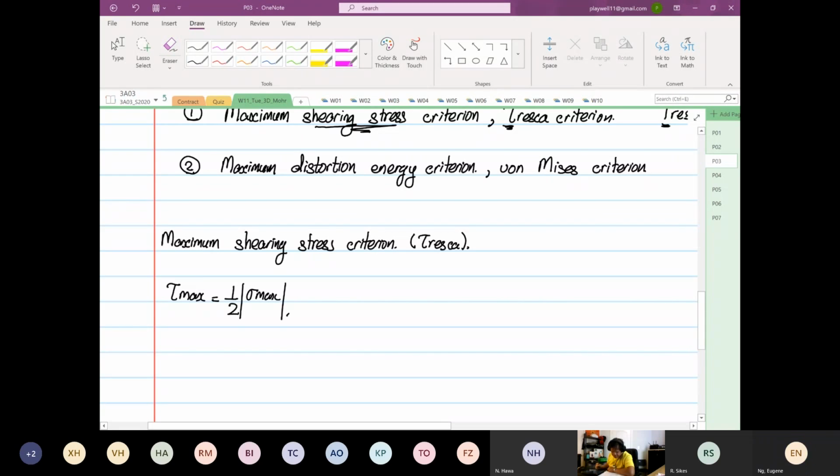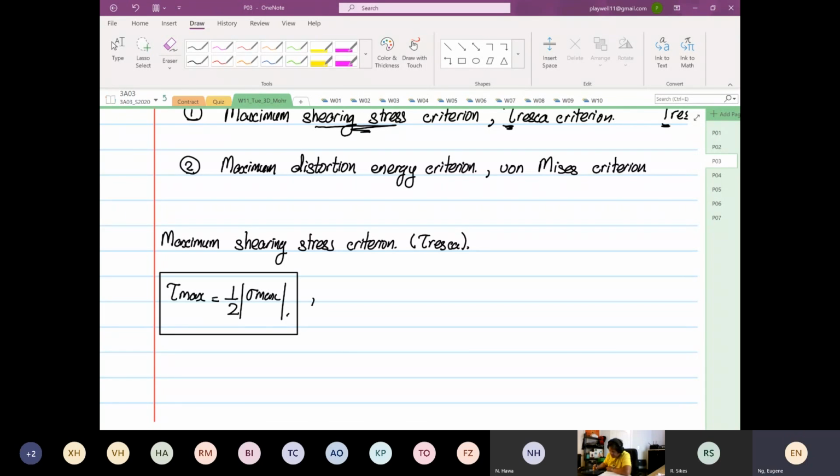Okay. So this is Tresca. So when this is the case, okay. So now this tau max is equal to sigma max divided by 2.